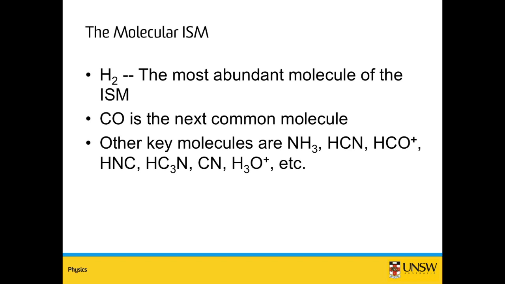But other key molecules we have are NH3, which is ammonia, my study matter, HCN, HCO+, HNC, and others. We have found around 168 molecules until today. And I think every month we are finding one or two new complex molecules in the interstellar medium.